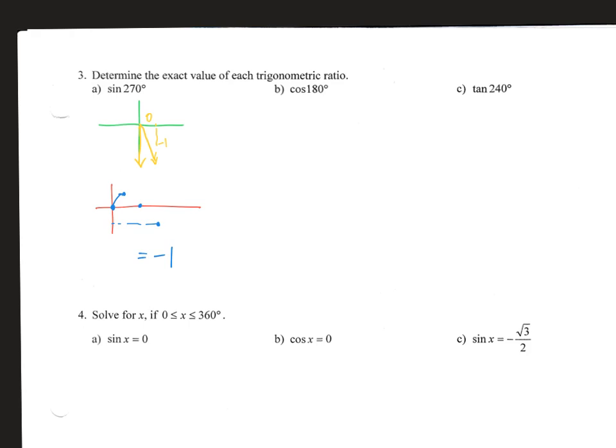So let's take a look at B. I recognize the angle value of 180, and that would put me on an axis. And so I'm going to think about my cos curve. I know my cos curve starts at the top and falls. Now I can map my way through my cos graph to figure out the value of the function.